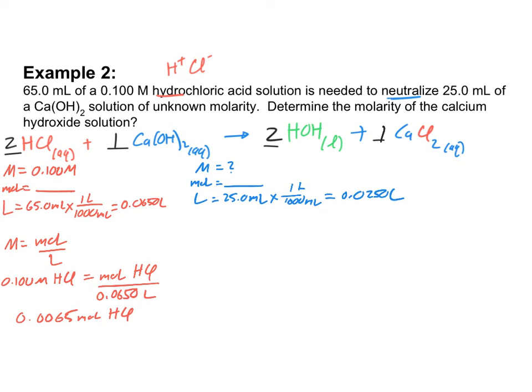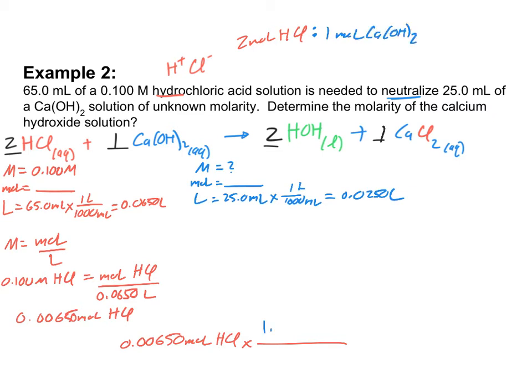So that tells me moles of HCl. And what moles of HCl allows me to do is figure out moles of calcium hydroxide. So I'm going to take the 0.0065 moles of HCl, and I'm going to convert it to moles of calcium hydroxide. And when I do that, I need the mole ratio. So I know that the ratio is 2 moles of HCl for every 1 mole of calcium hydroxide.